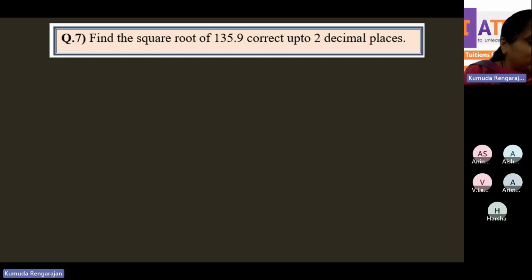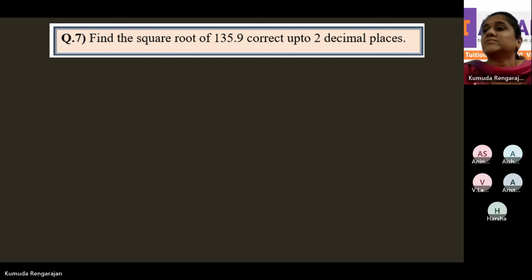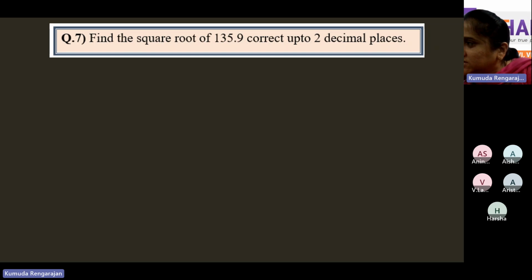Why did you strike it out? 11.657. What did you get? 11 point? You're right. 11.657 is correct. You continue.